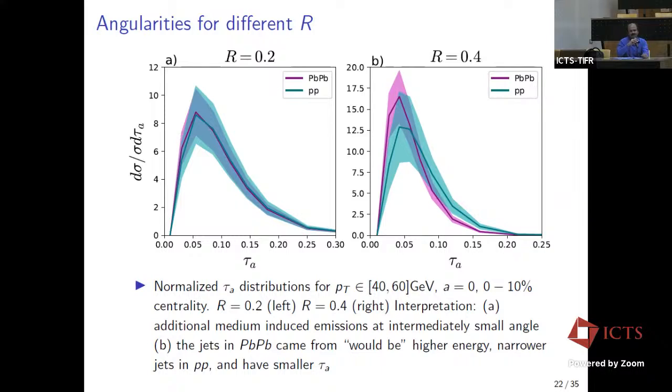The lowest ALICE bins where they've analyzed the angularities are 40 to 60. Is there a reason you asked? Yeah, I was asking because you're inputting this medium-induced splitting function. There were some discussions that it is not perturbative, it may have non-perturbative components, and that may be visible at lower pT bins. Yes, especially in the heavy ion case.